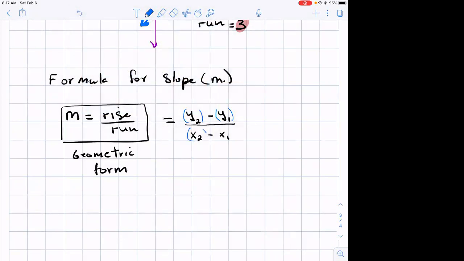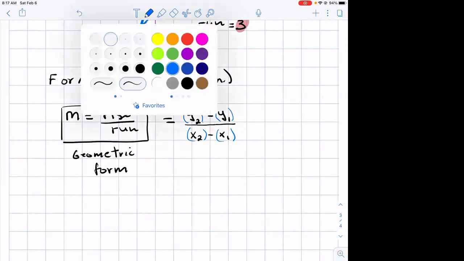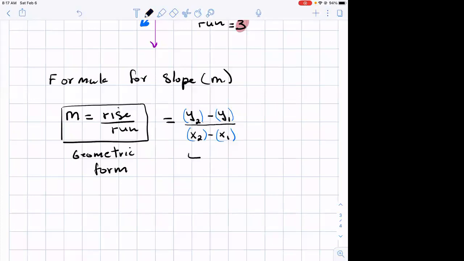So please make sure that the y always goes in the numerator and the x's go in the denominator. Okay? So rise over run is the same as y2 minus y1 divided by x2 minus x1. And we refer to this here as the algebraic formula.